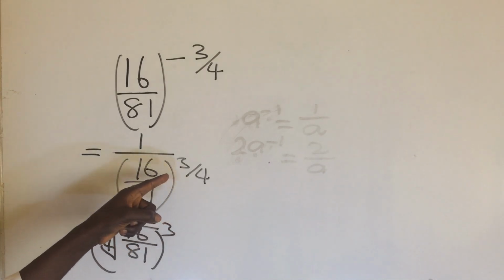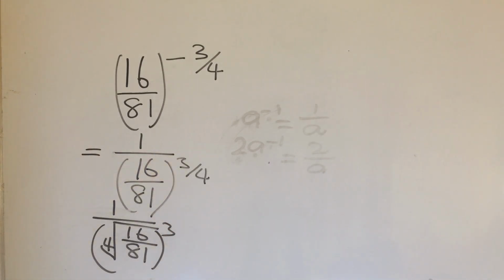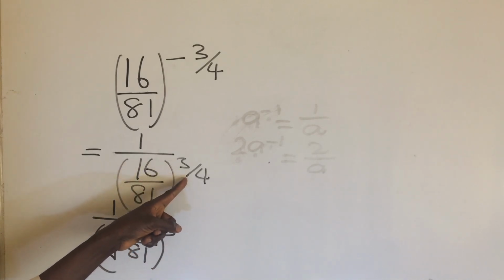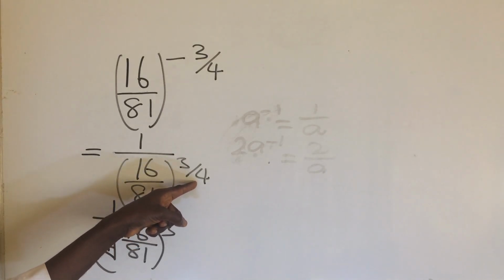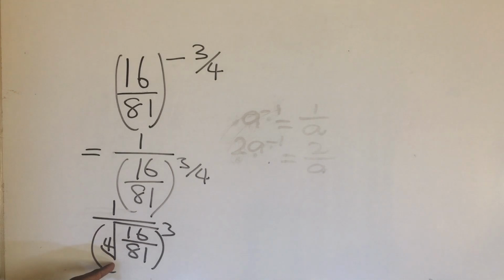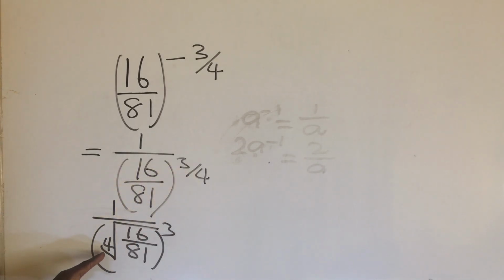When you have a fractional power of a number, the denominator, which is the number down, will be the index of the root of the number. This is 4. That is why it is the fourth root of 16 over 81.